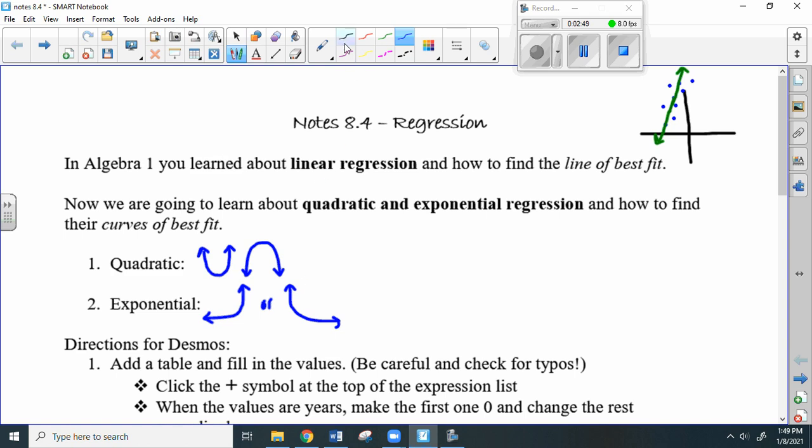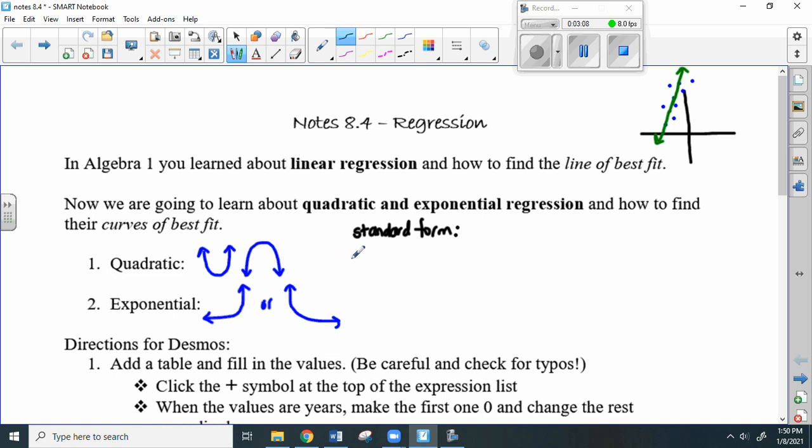And it's important that we remember what the standard form of each of these equations is, because if we remember that, it's going to make doing this a lot easier.